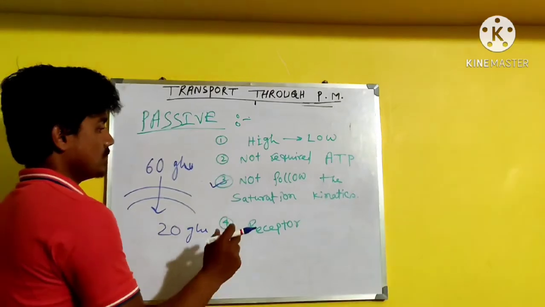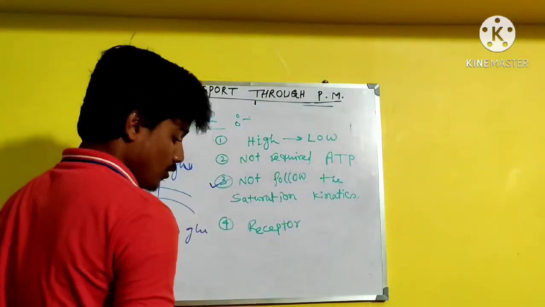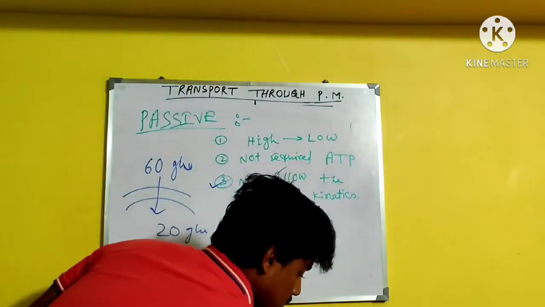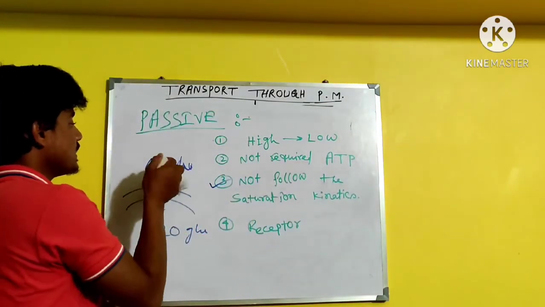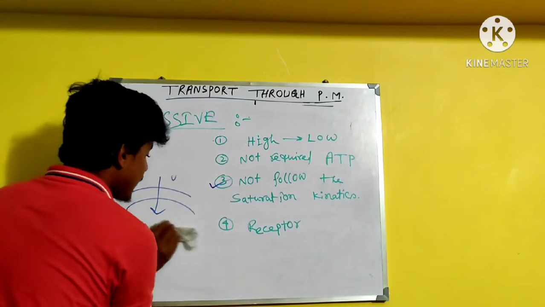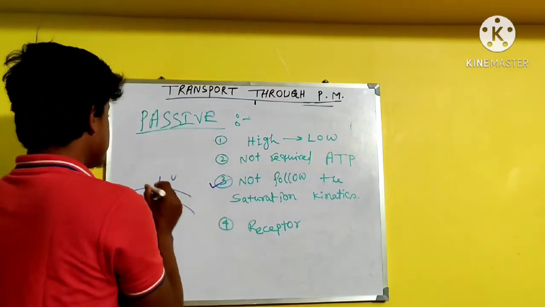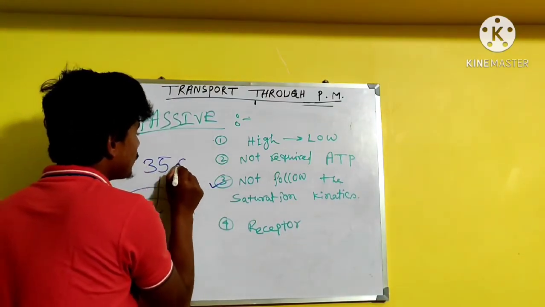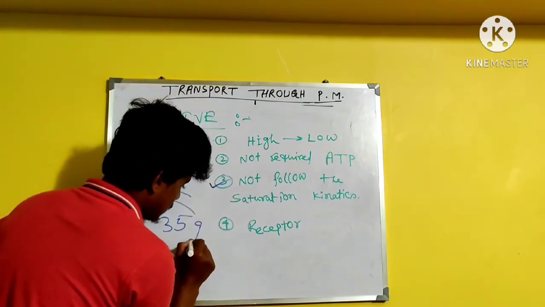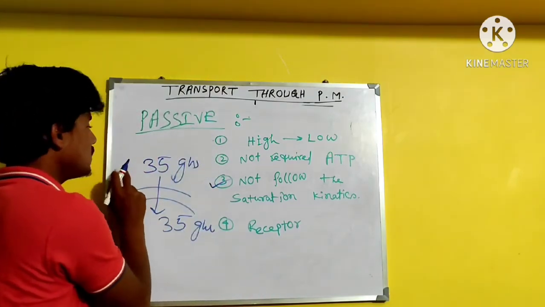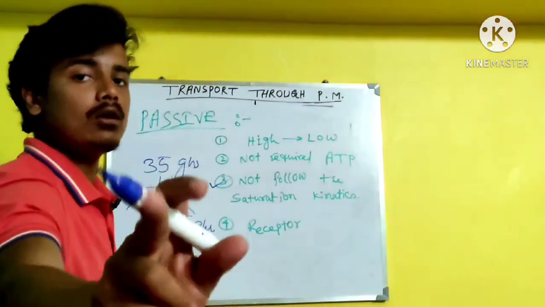But saturation kinetics would mean that when the number of glucose molecules is similar inside and outside of the cell, then no movement will occur.